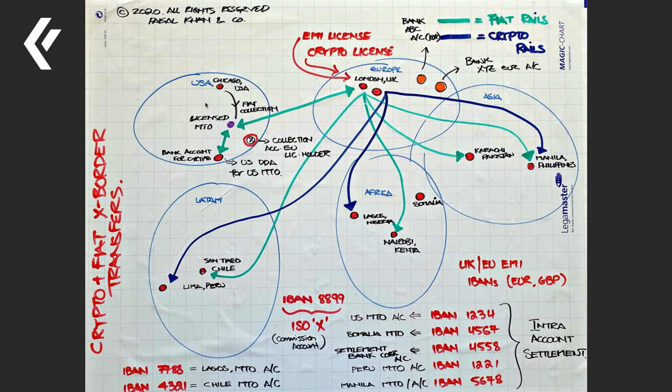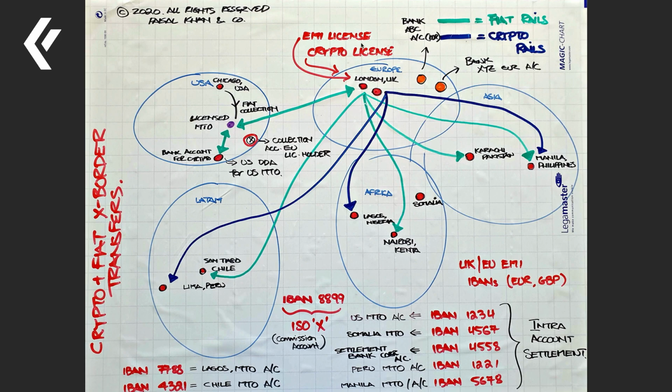So just to recap, you have an originating country. In this case, I've shown United States. The core is the aggregator over here, which is an EMI license, which is allowed to issue IBANs, which can take delivery of fiat funds and move fiat funds.